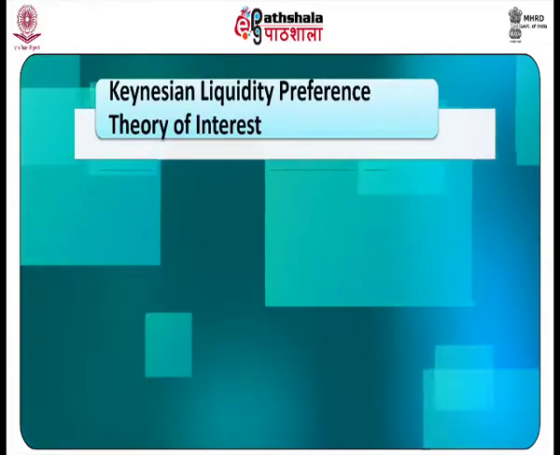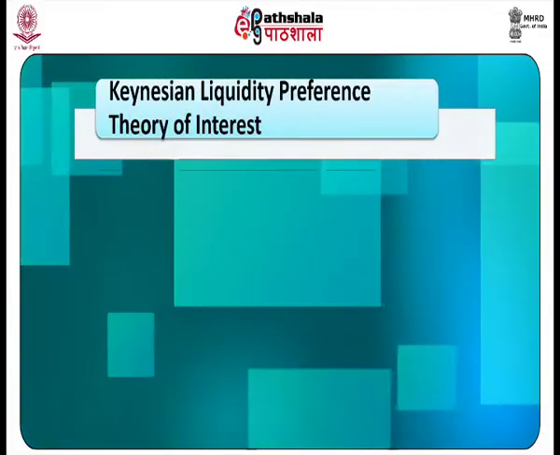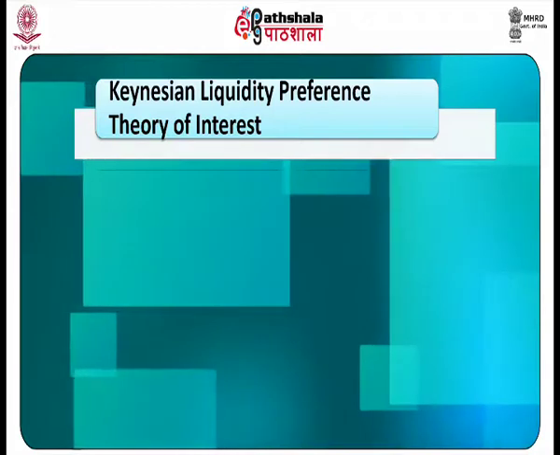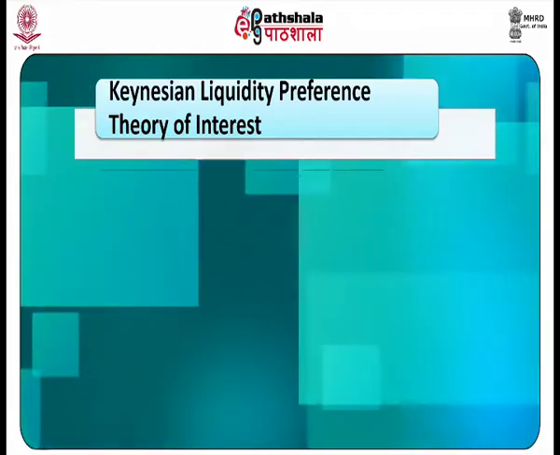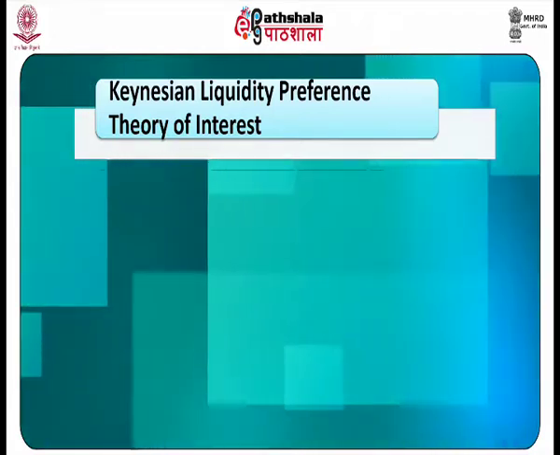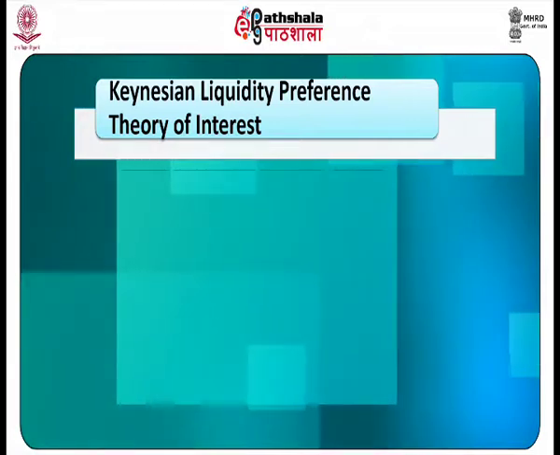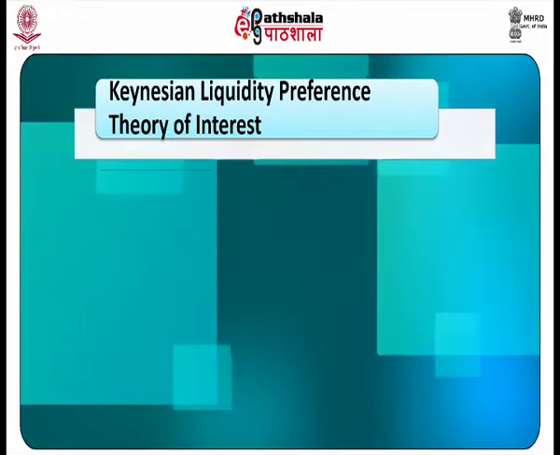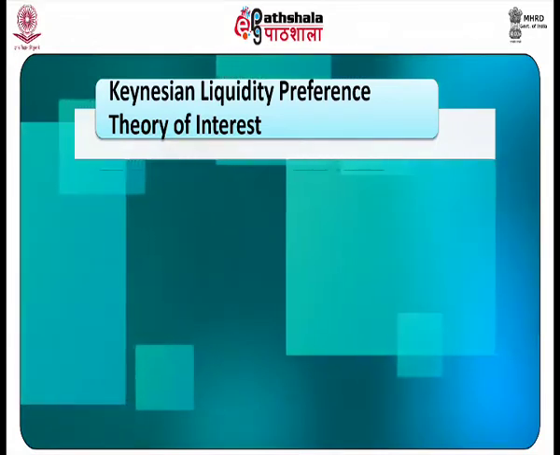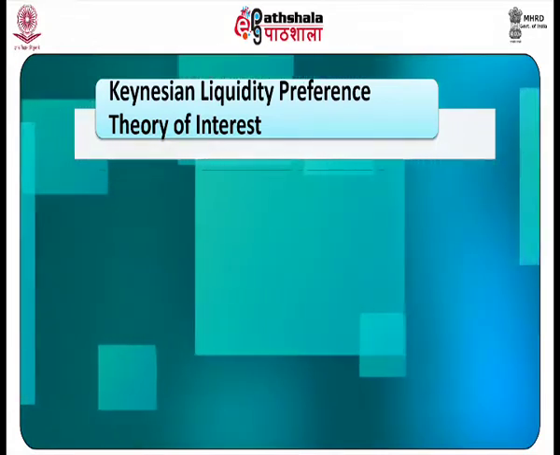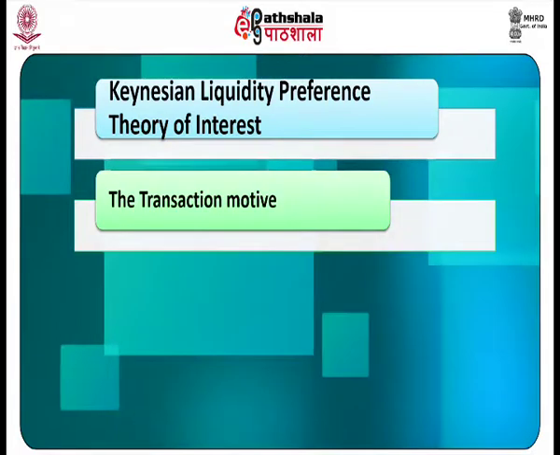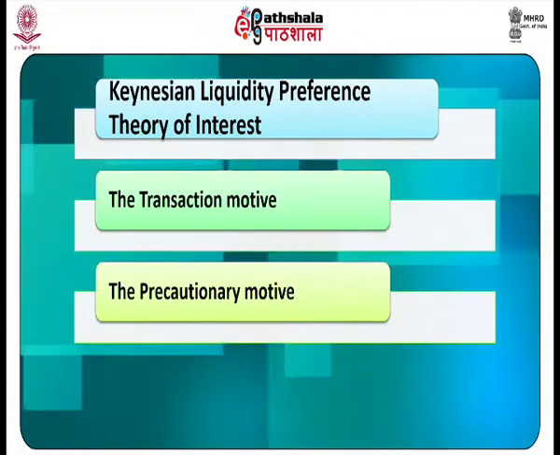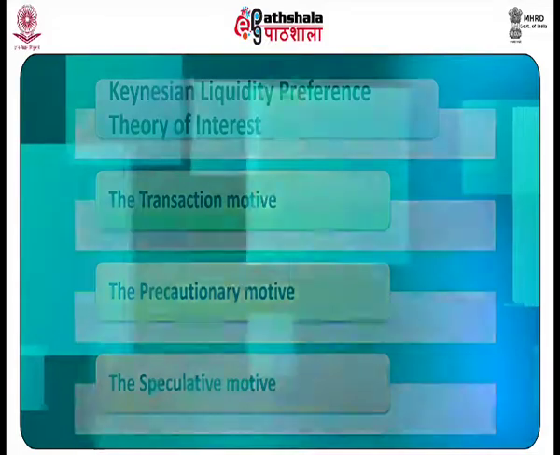Keynes's liquidity preference theory, as we have been saying: according to Keynes, people wish to hold money, and therefore the motives for holding money can be divided into three motives: transaction motive, precautionary motive and speculative motive.